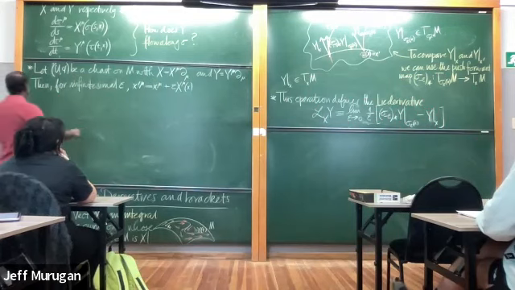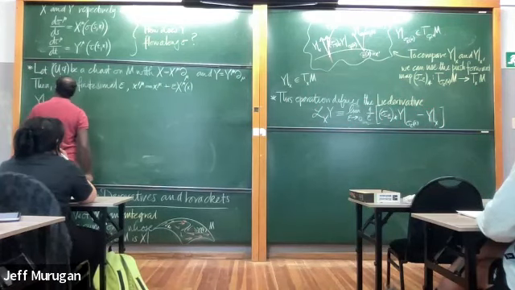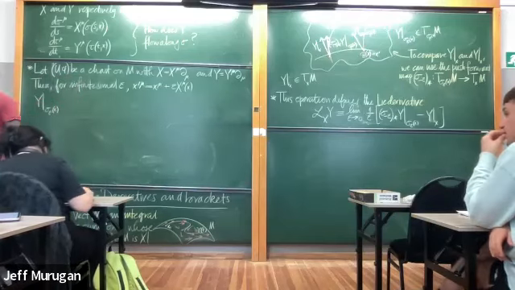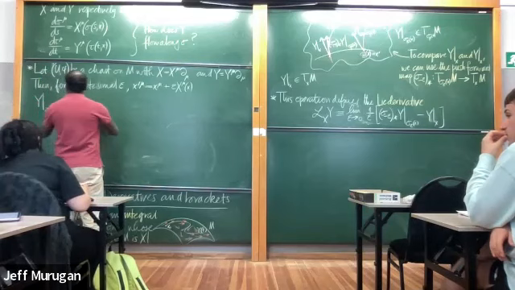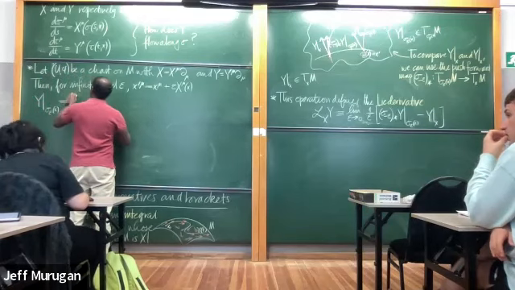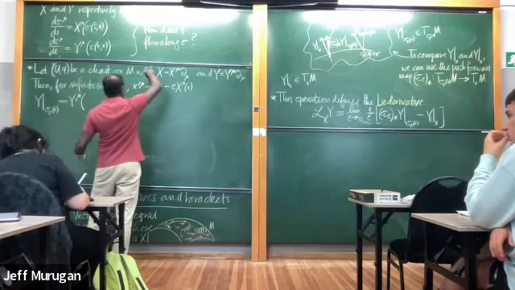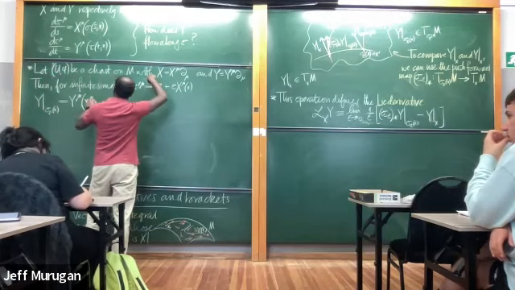So let's evaluate y at sigma epsilon of x. Y evaluated at sigma epsilon of x, and y^mu of x'^mu, that's this side.